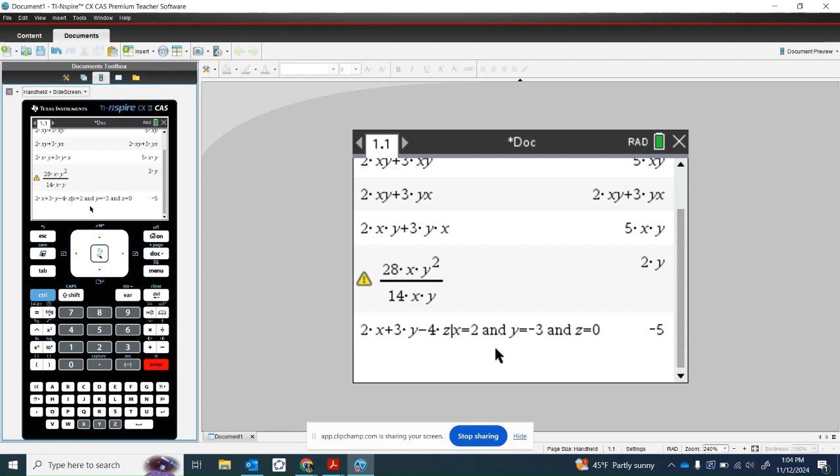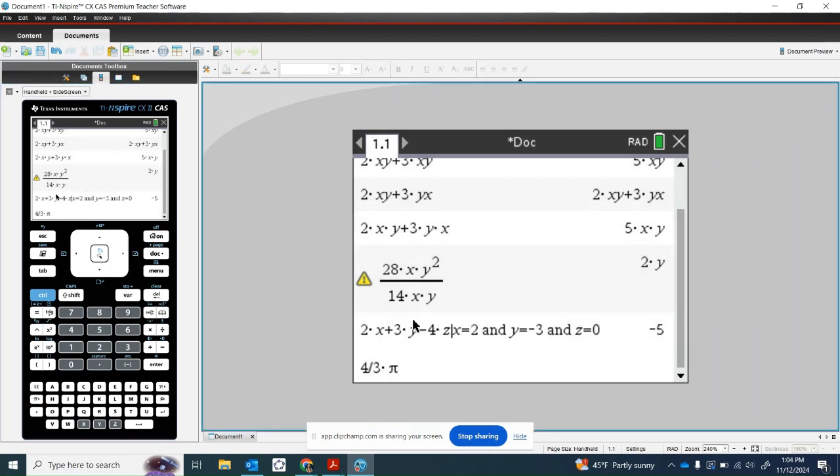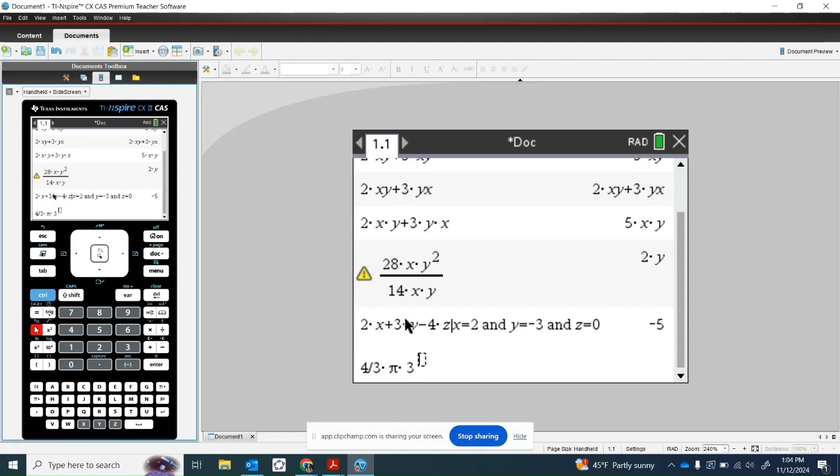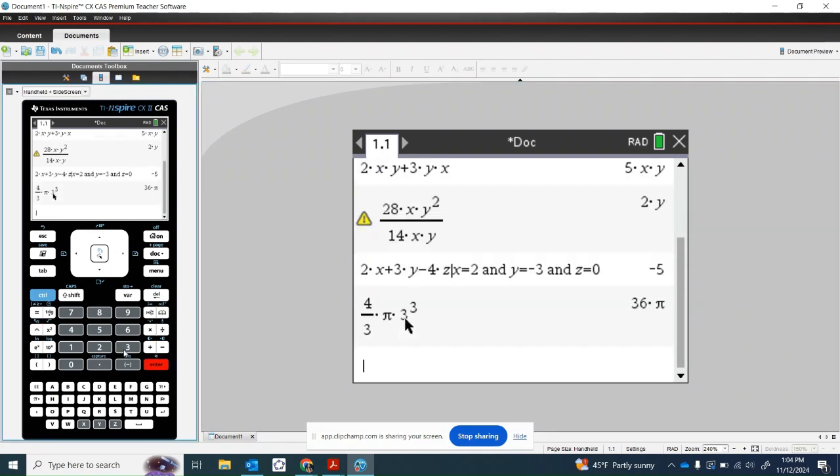Do know that it'll keep pi in your problem. So if you had a formula for the volume of a sphere, 4/3 times pi r cubed, and let's say the radius is 3, so 3 to the third, it is going to keep the answer with pi there.